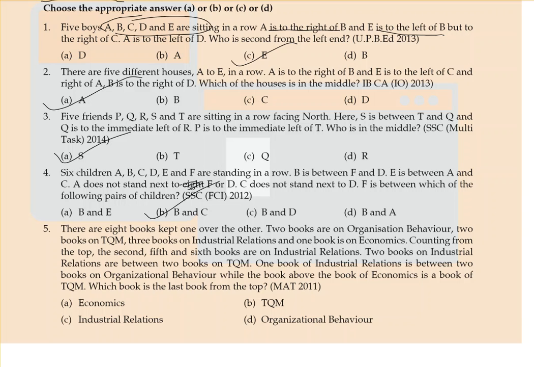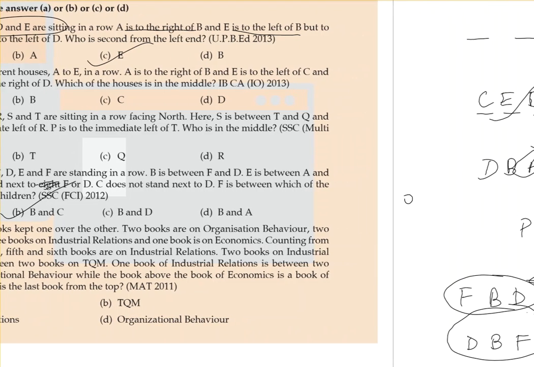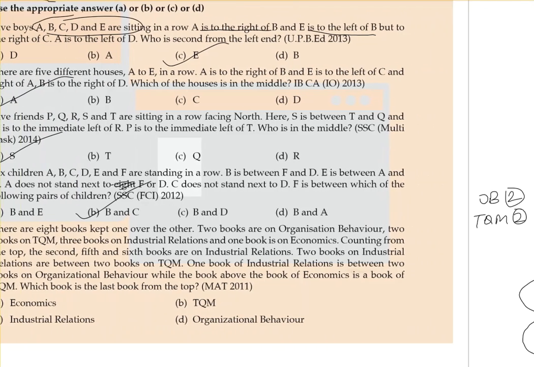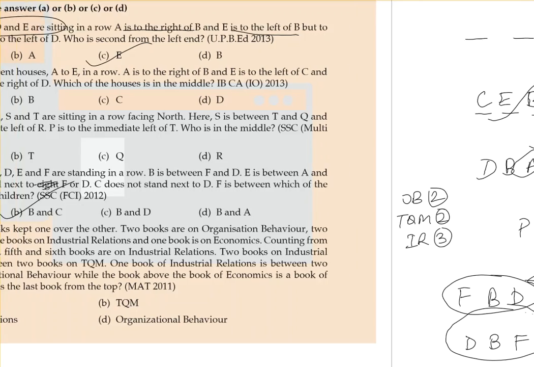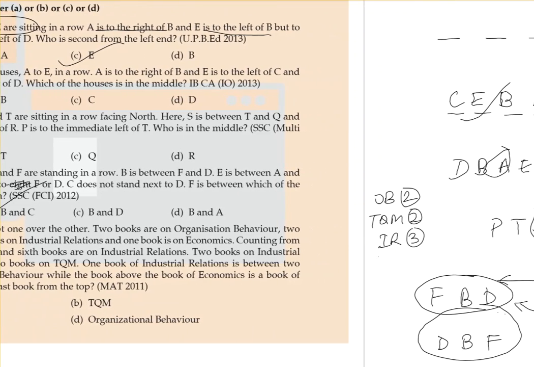Okay, there are 8 books kept one over the other. 2 books are on organization behavior, OB, 2 books TQM, 3 books on industrial relations.